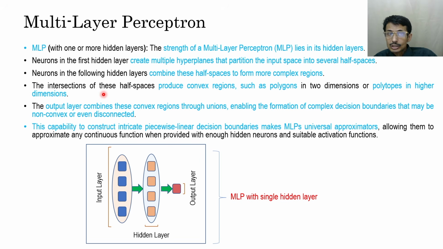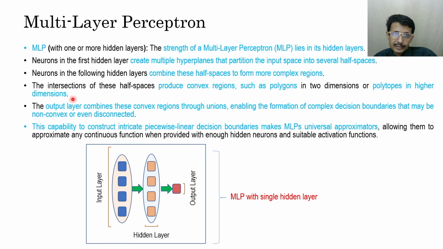The intersection of these half spaces produces convex regions such as polygons in two dimensions or polytopes in higher dimensions. We have seen that these are the polygons we have achieved, which the subsequent hidden layers can produce.